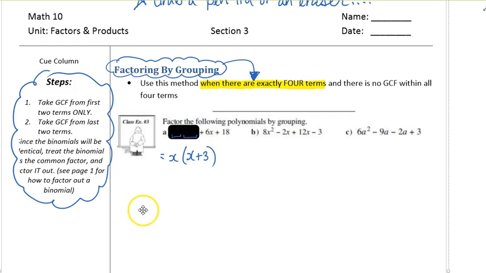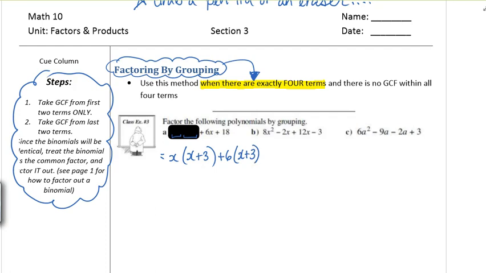And now we're going to do the same thing, except we're only going to focus on the 6x and the 18. So the GCF here is plus 6. What's left behind? 3, not 3, x plus 3. I was getting ahead of myself.